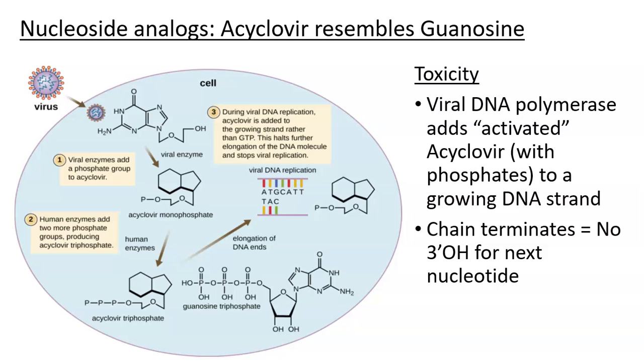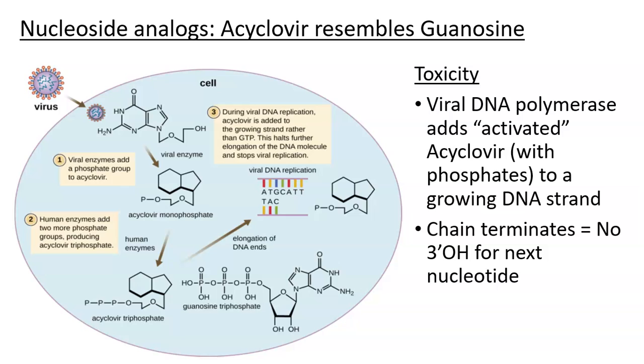And as that viral DNA is being generated there, when the Acyclovir is inserted into the growing DNA strand, it's going to result in what's known as chain termination. The Acyclovir is lacking that 3' hydroxyl group, and that means that the polymerase has nowhere to add the next base onto its growing DNA strand right there. And so that will terminate the chain as it's being synthesized, and without your full-length virus DNA, that's going to disrupt the whole viral replication cycle right there.